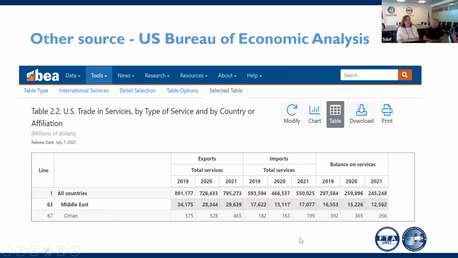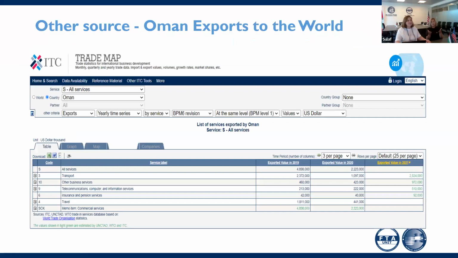It's not a lot. We have to grow that. It could be more, but it's not captured. The data is not really there. But there's room for development for Omani businesses to export services to the US. The future is in services. Definitely.